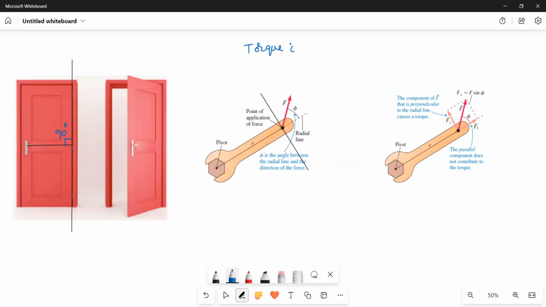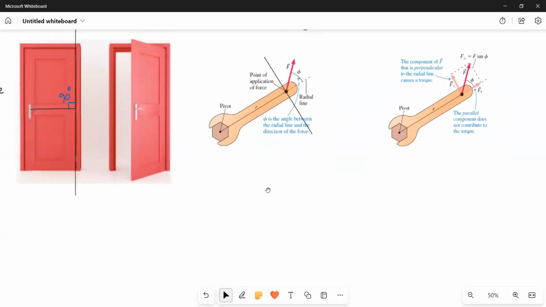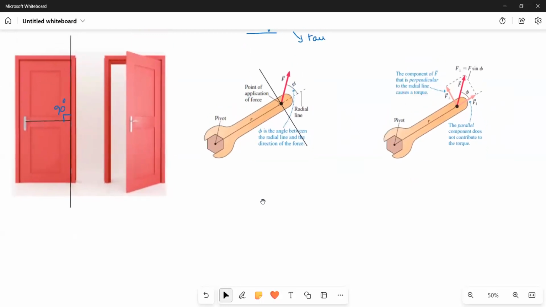Torque is written like this, tau. Tau is a Greek letter. So torque is represented like this. Today we will study this torque. In translatory motion, net force is required to make an object move. Net force is responsible for the acceleration of the object. So F is proportional to a.